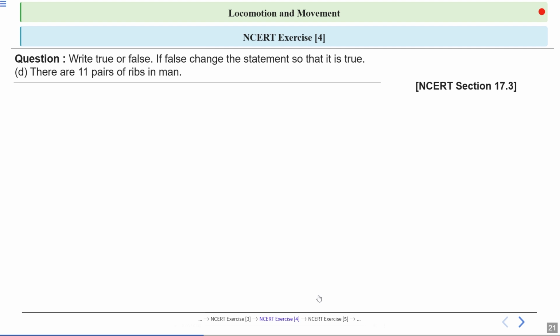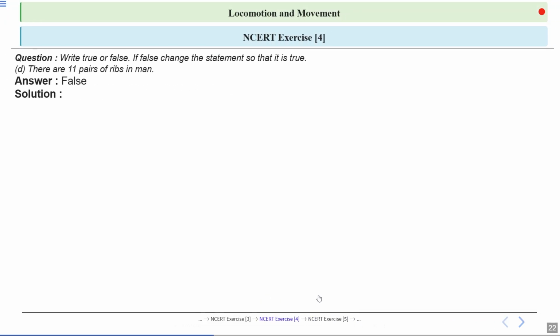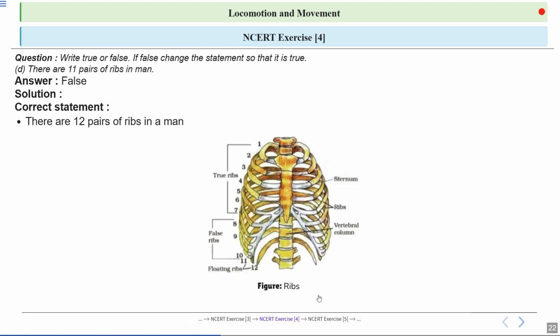Now this is statement D, and it is: there are 11 pairs of ribs in men, which is false. Let's see why. So there are 12 pairs of ribs in a man, not 11. And we can look at this diagram of the rib cage. You can notice how the ribs are arranged in pairs, and if you count them, you will find out that there are 12 pairs.